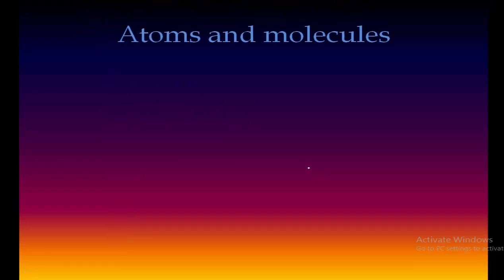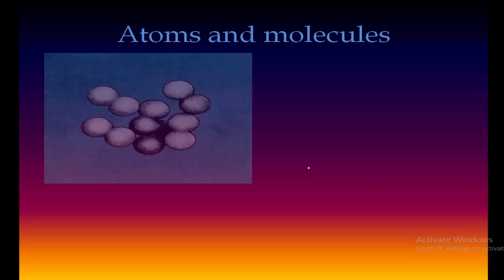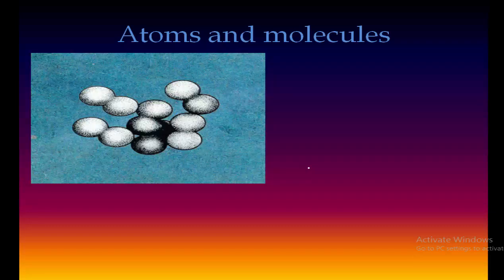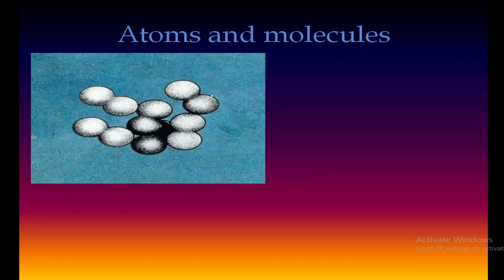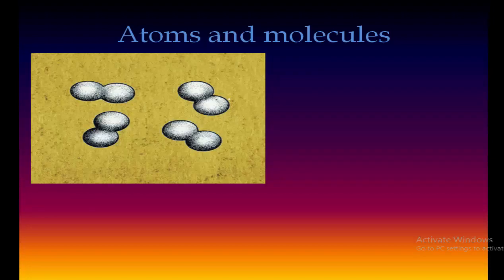So now let's move on to atoms and molecules. As we know, matter consists of small particles in large numbers. Whenever we break down matter into a number of pieces, we will get smaller particles, which are usually said to be atoms.